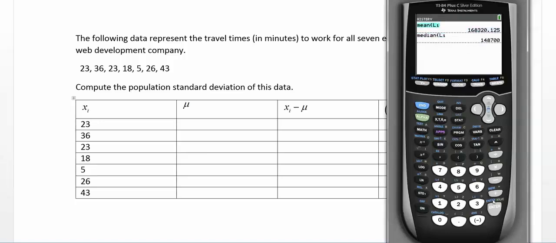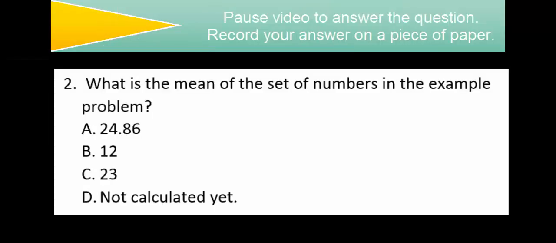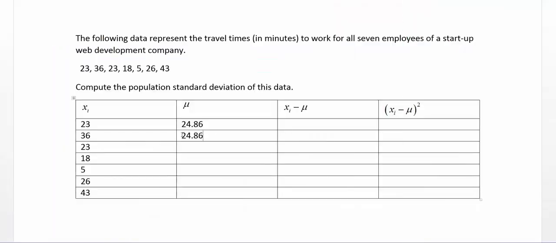Actually, I'm going to cheat and just go up top, because I already did this earlier, and I get a mean of 24.86-ish. So I'm going to go into my chart and type in that number, trying to set this up for you so you can see what happens each step of the way.